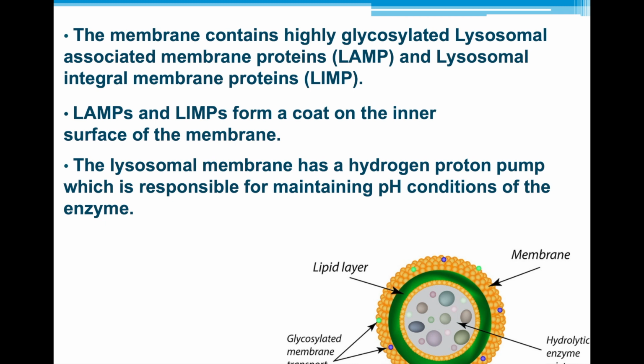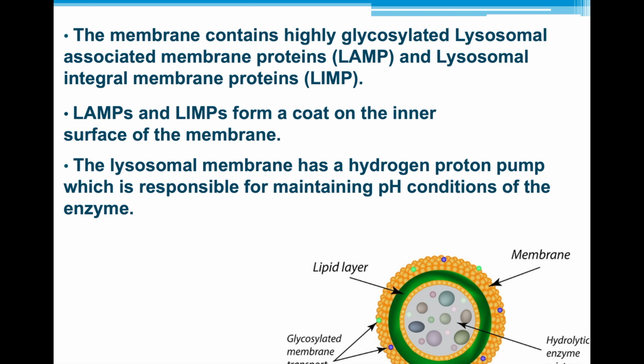The membrane contains highly glycosylated lysosomal associated membrane proteins and lysosomal integral membrane proteins. Lysosomal associated membrane proteins and lysosomal integral membrane proteins form a coat on the inner surface of the membrane. They protect the membrane from attack by the numerous hydrolytic enzymes retained inside.